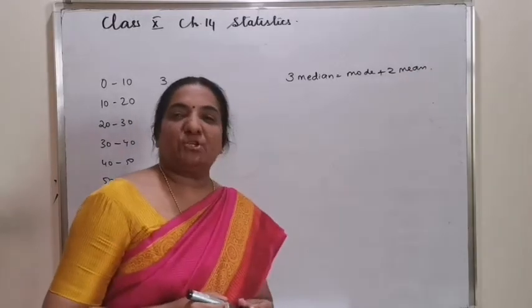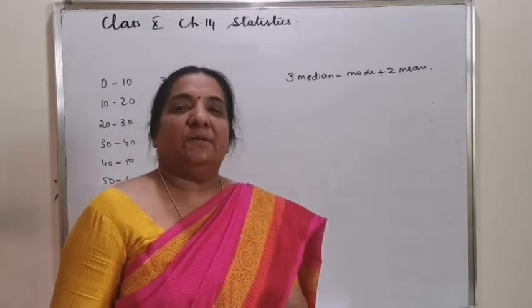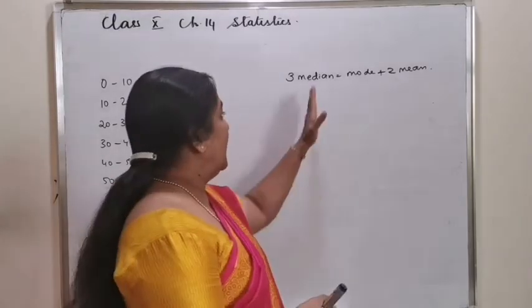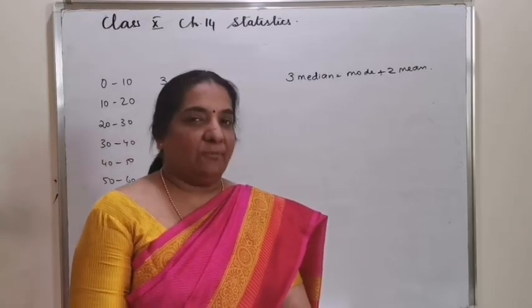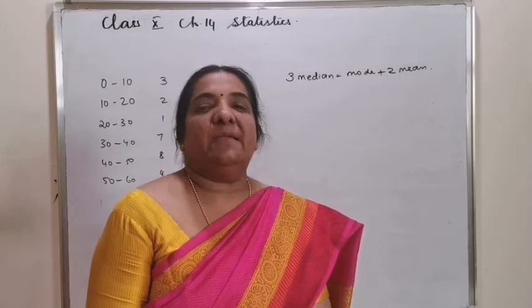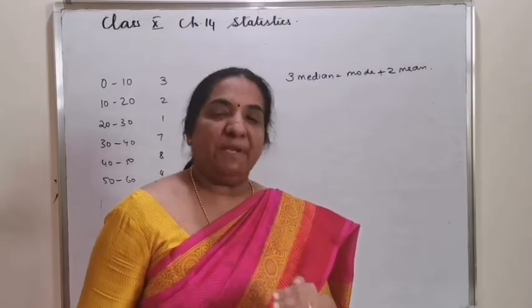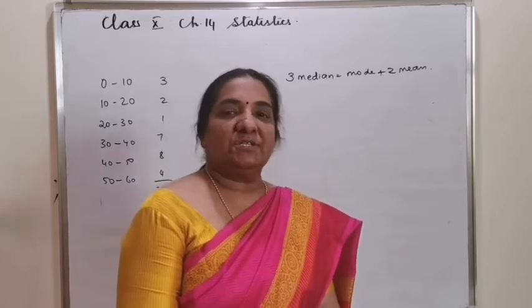Since the values are approximate and may be very close, once you find any two of them, you can find the third value by this formula.